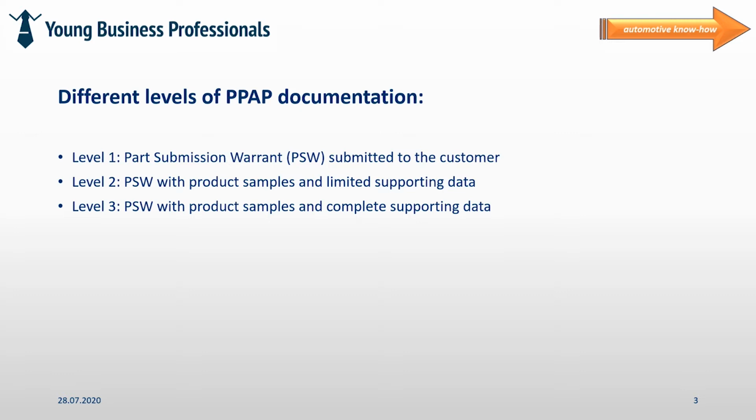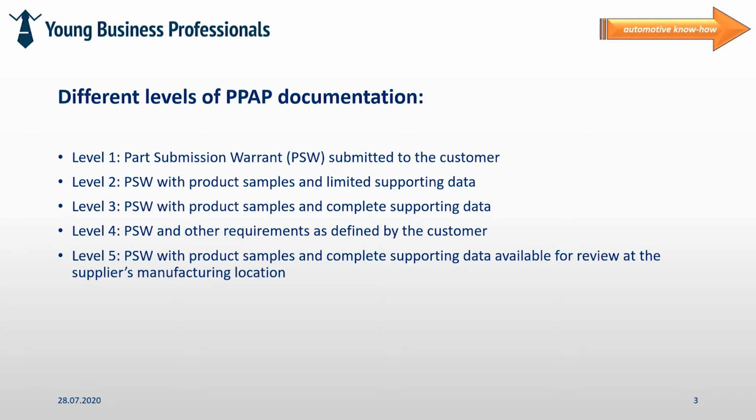Level 3 requires providing the PSW, product samples and complete supporting data. Level 4 requires providing the PSW and other requirements as flexibly defined by the customer to the customer.